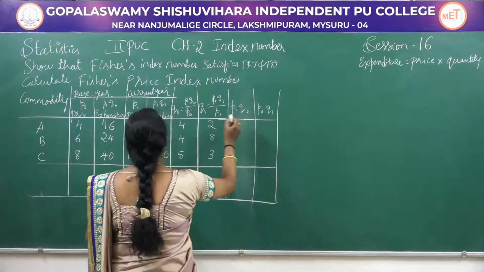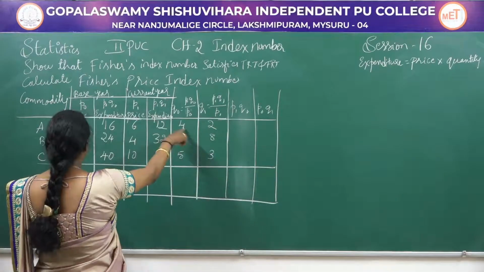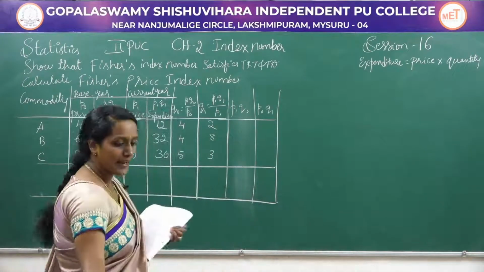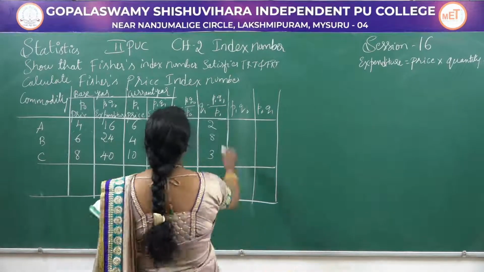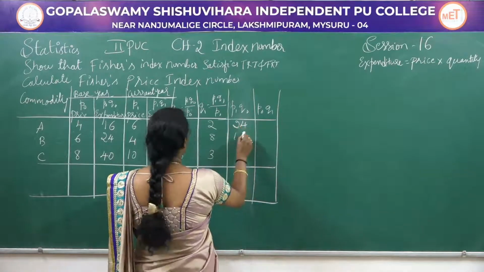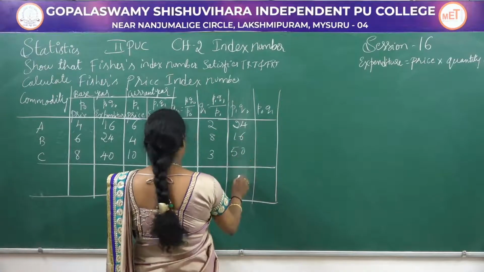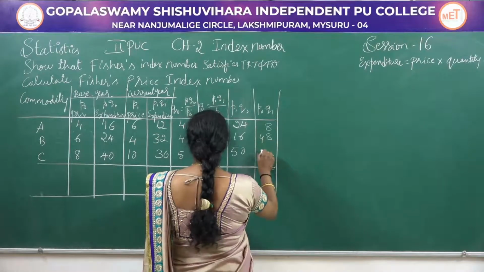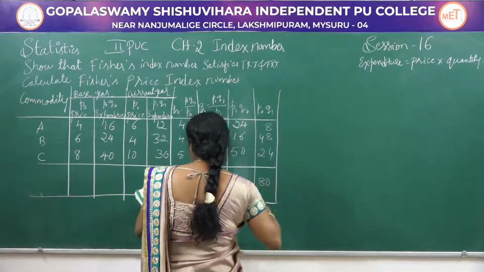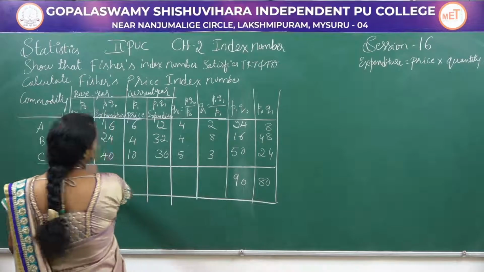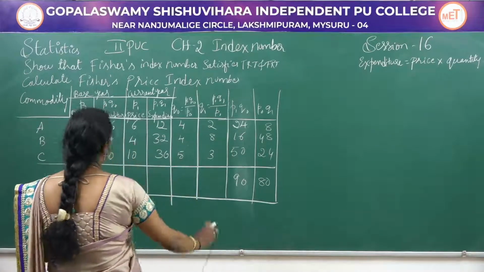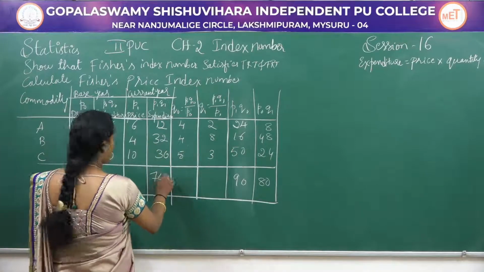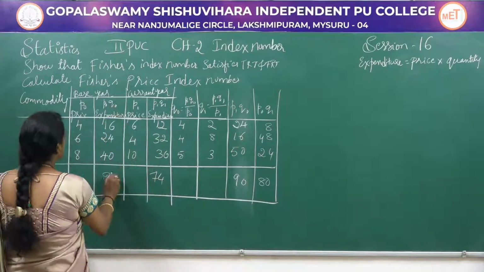So P1 Q naught, P1 is this, Q naught is this, take the product of this. The values are 24, 16, 50 and the total is 90. Next P naught Q1 is 8, 48, 24 and the total is 80. P naught is 8, Q1 is this 3. Next write the total of P1 Q1, it is 74. Next P naught Q naught, it is 80.